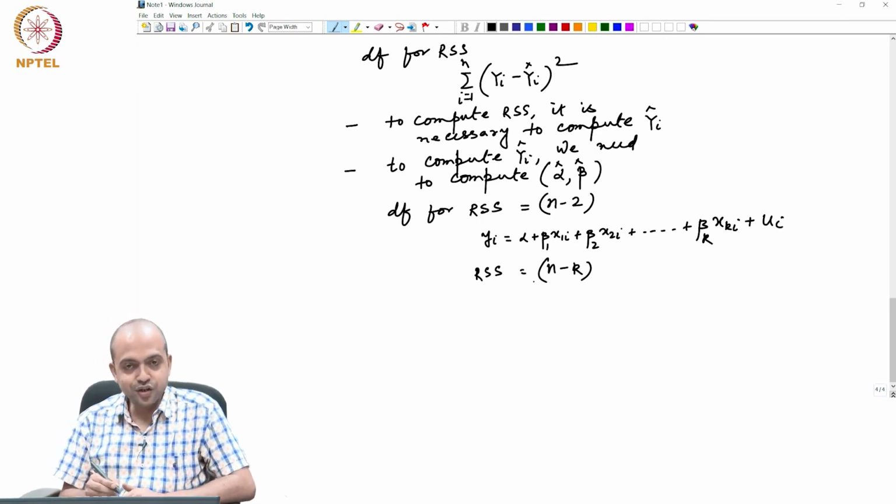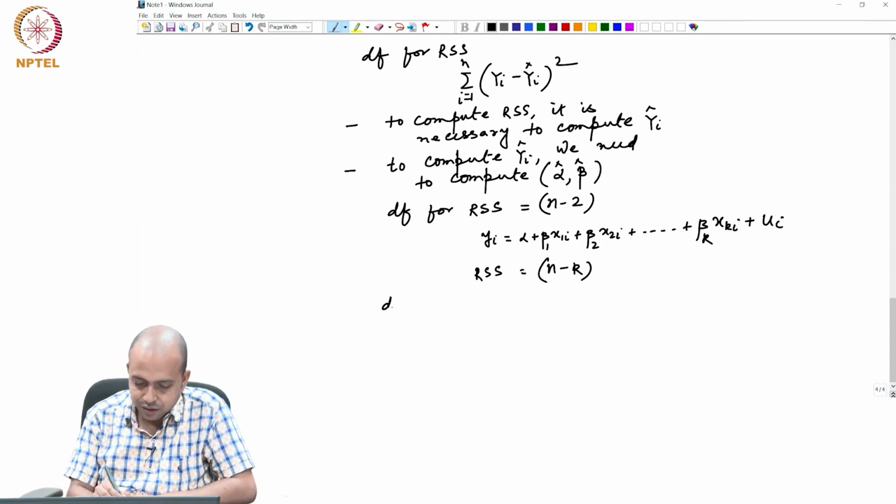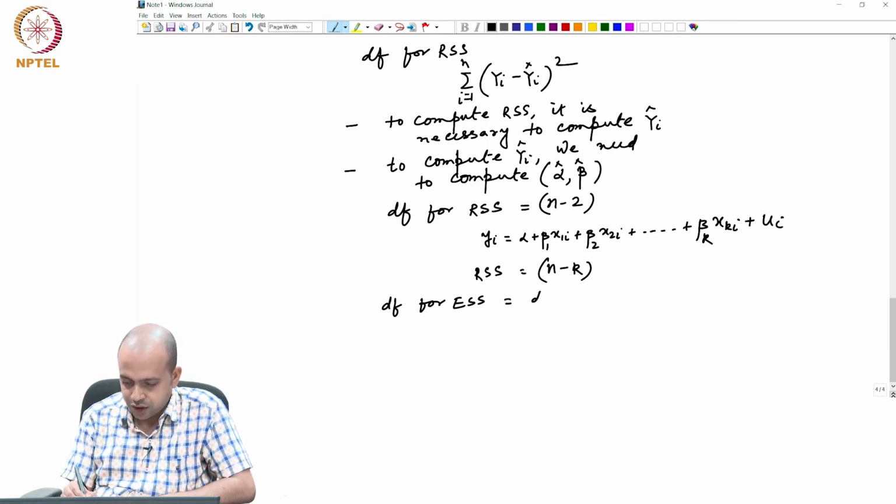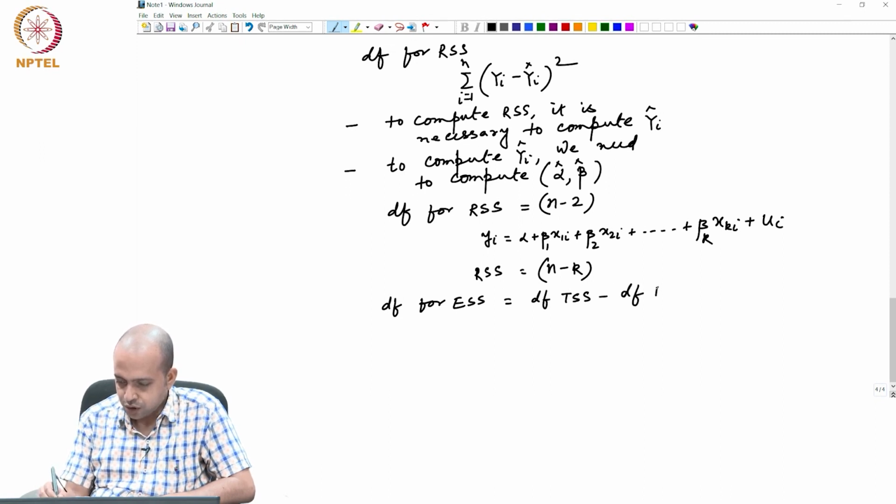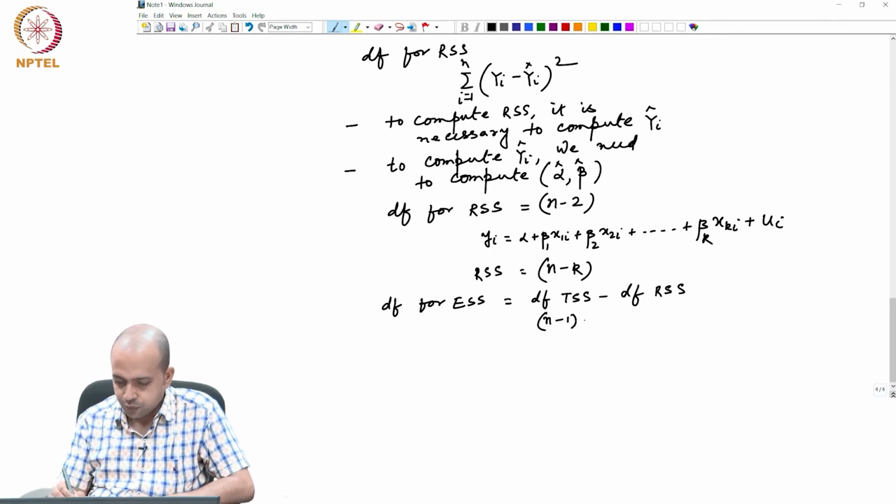Then what should be the degrees of freedom for ESS? Degrees of freedom for ESS would be df for TSS minus df for RSS, right. So, that means in this case, in a 2 variable model, it would be n minus 1 minus n minus 2.